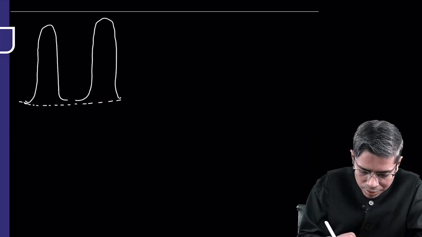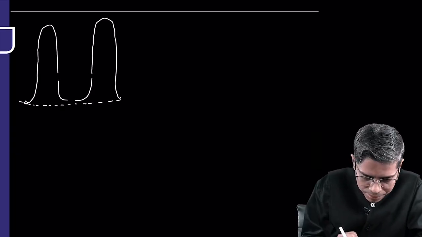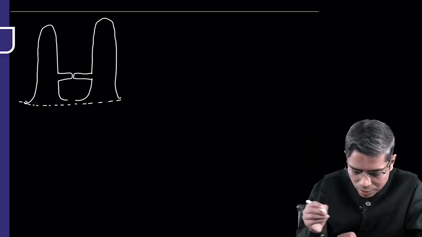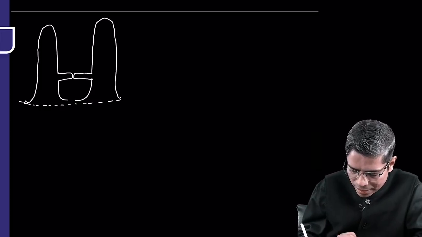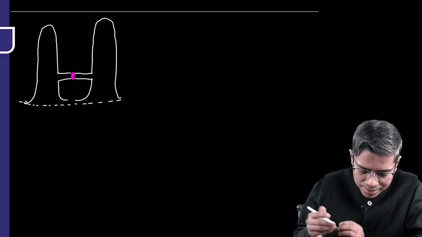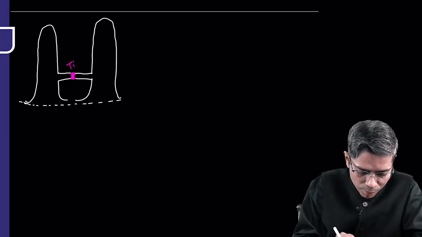Now the cytoplasm of one Sertoli cell is extending its process, and the cytoplasm of another Sertoli cell is also extending its process, and these two cytoplasm are connected with one another. So there is an attachment between the two plasma membranes with the help of a structure known as a tight junction.